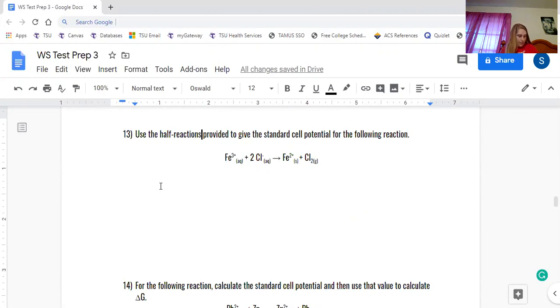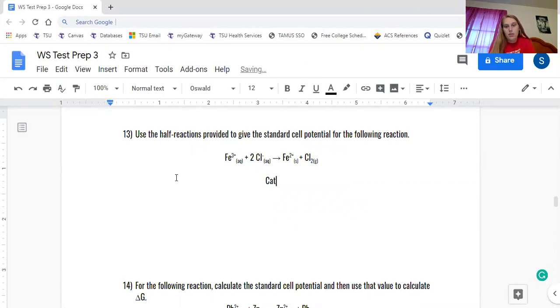One of the things that they talked about, so your cathode, I don't know if you guys remember this, your cathode is going to be the one with reduction. So your cathode has the reduction reaction, and your anode has the oxidation reaction.